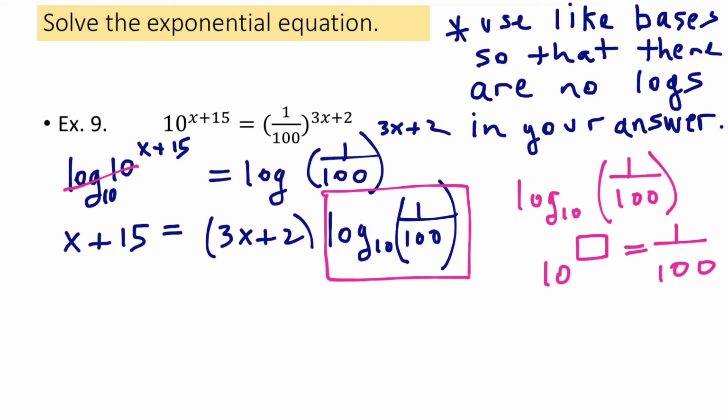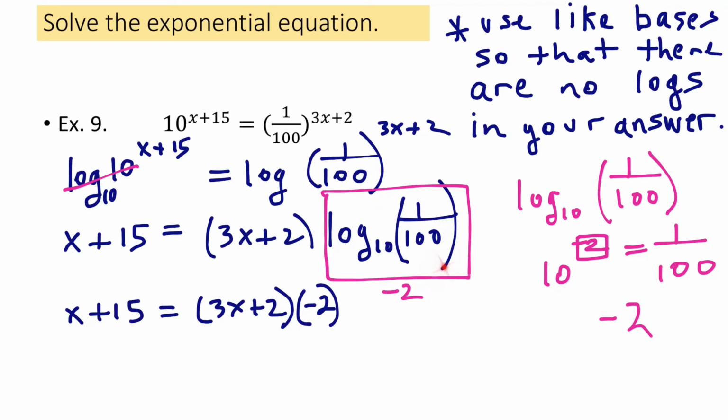So we're going to ask ourselves, 10, my base, to what power gives you 1/100? All right, so we can see the relationship between 10 and 100 is it needs to be squared. So I'm going to put the 2 in there. And then it needs to be moved into the denominator, so I'm going to put the minus in there. So log to the base 10 of 1/100 is equal to -2.